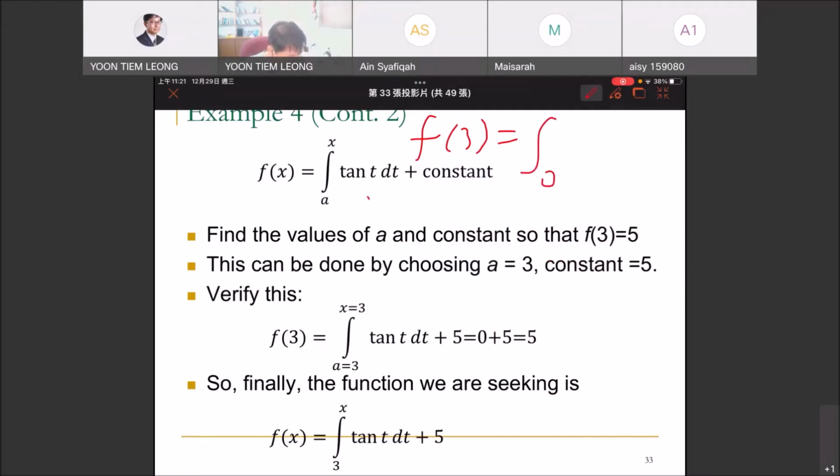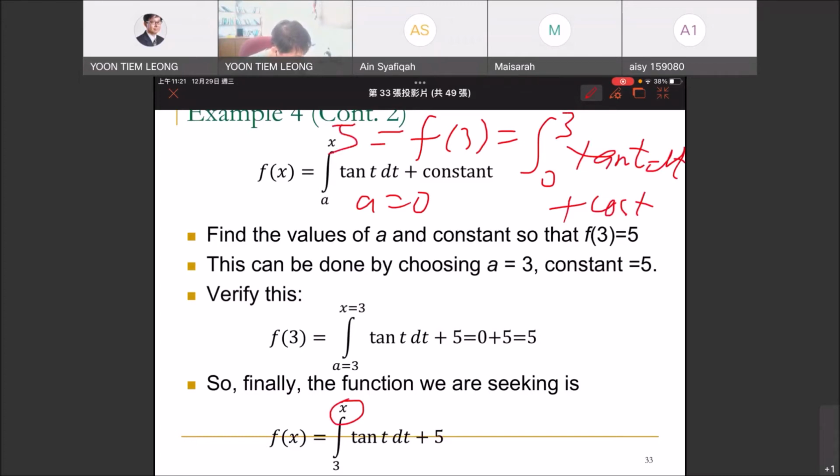I said a is set to be 0. That is my choice. But I'll show you later on that if I choose a equal to 0, I'll be in trouble. Okay, so I'll substitute x equals 3 into the expression here. Then I have the integral of tangent t dt plus a constant. So this is a constant, and the whole thing must be equal to 5.